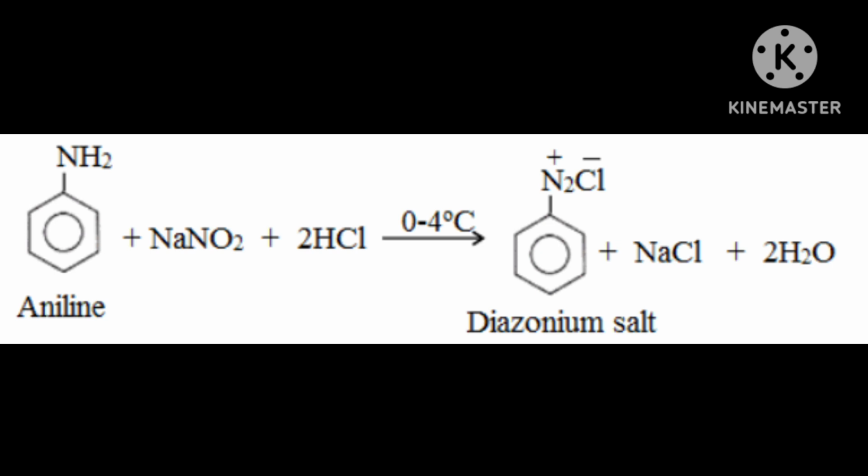This I have told about the stability of the arene diazonium ion. And when a negative ion is there, it can attract the positive and form the salt. So this I have told you about the diazonium salt.